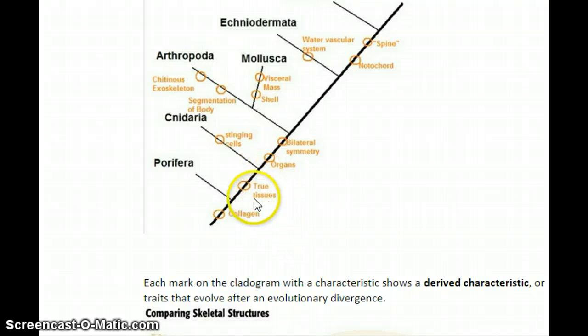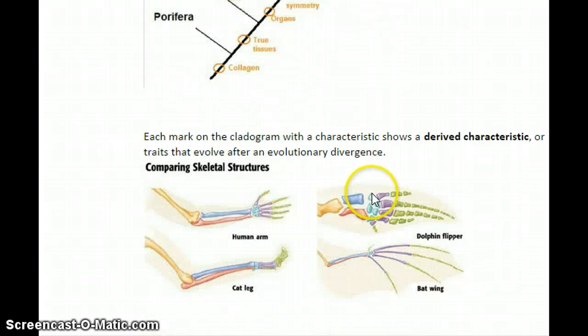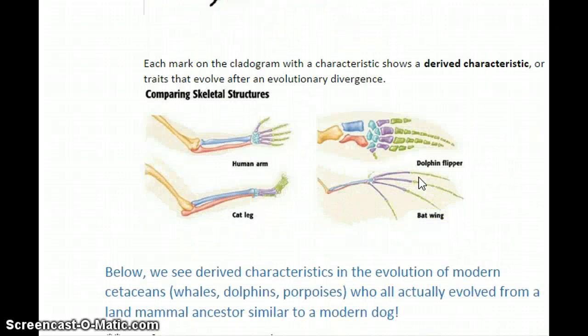So true tissues would be like skin, for example, or epidermis, ectoderm, mesoderm. These are types of tissues. Sponges don't have them, but cnidarians, and in fact everything from this point on, does. So that would be an example of a derived characteristic.